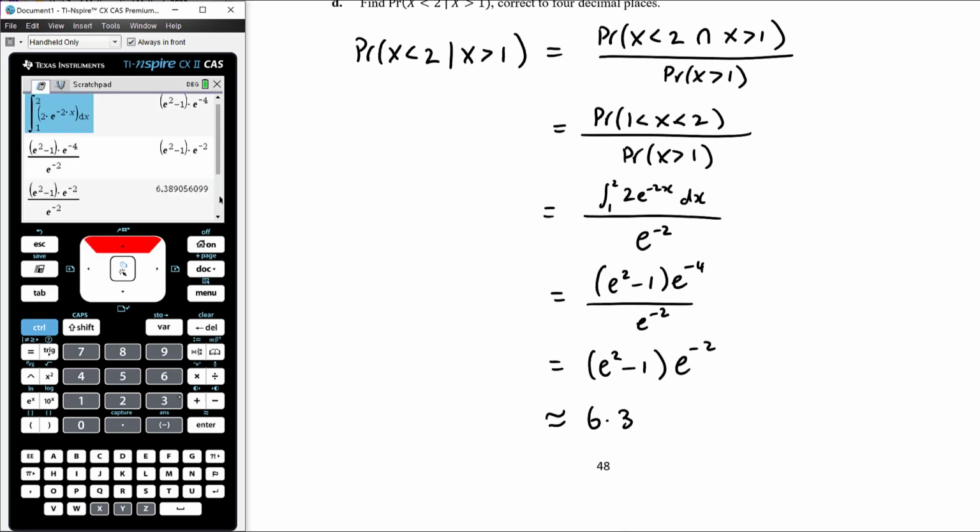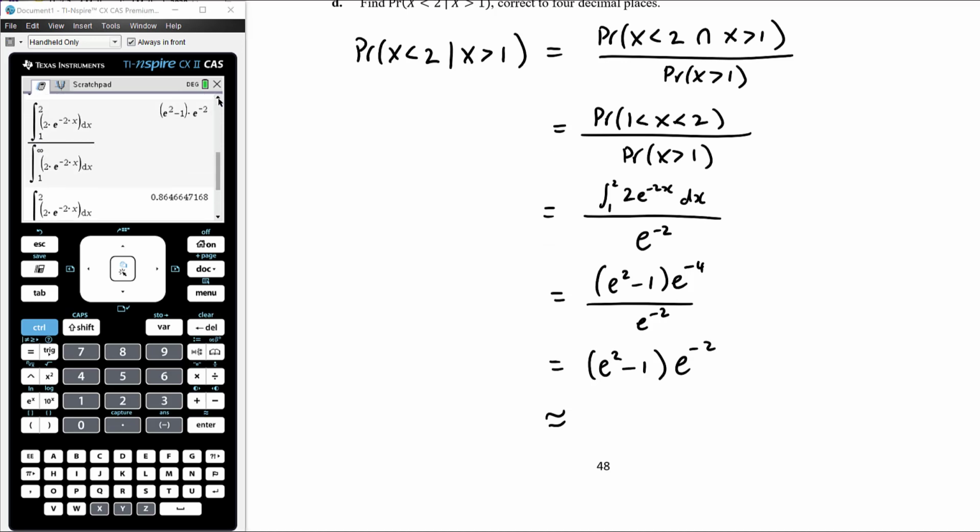We want that integral divided by that integral. Sorry, let me just check that it's the same. Yeah, I think I just typed it in the CAS wrong when I did the division, sorry. Okay, so hopefully you were screaming at me telling me what I'd done wrong. So that is actually equal to 0.8647, to 4 decimal places. Okay.